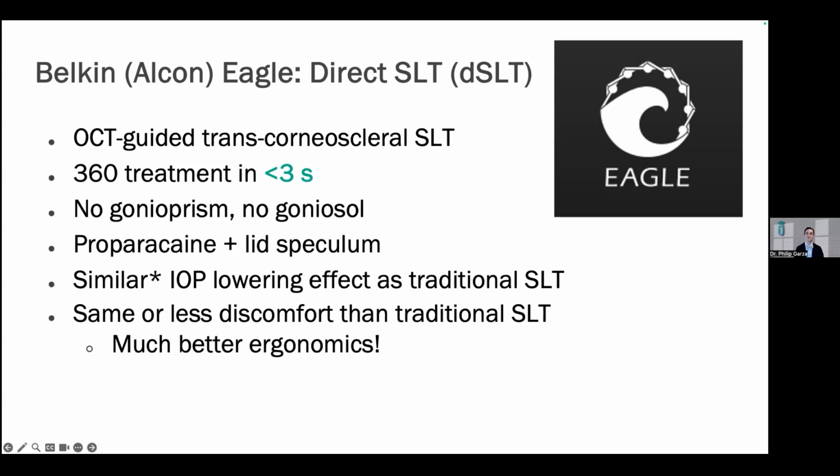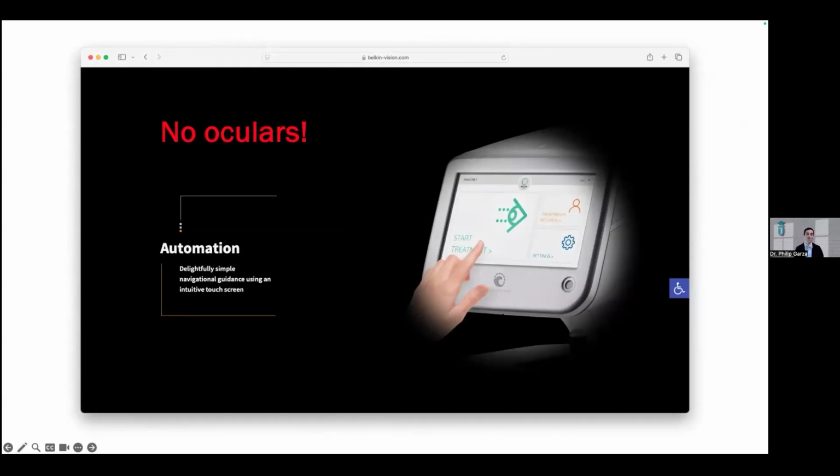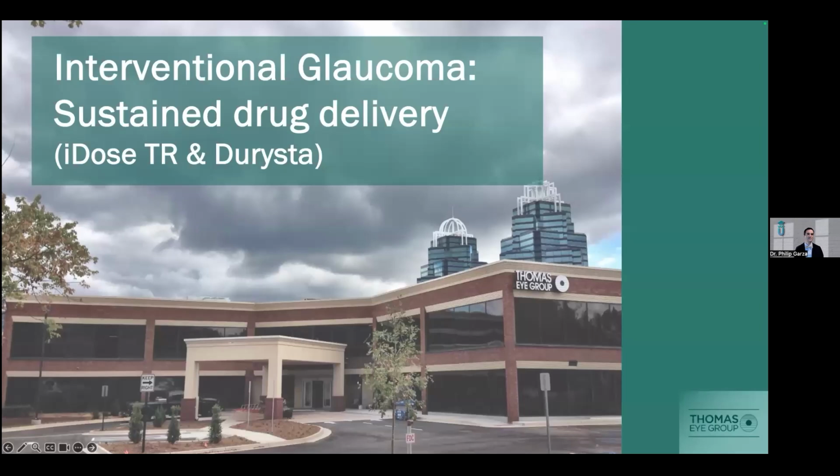So I think that study gets a little bogged down in non-important details, and the takeaway is that they do produce similar IOP. I think we're going to need additional studies to prove that, but I want you to be aware of that research that was published. Speaking of ergonomics, no oculars on the provider side of those. Really excited to eventually adopt this technology.